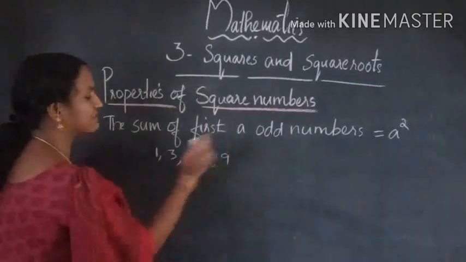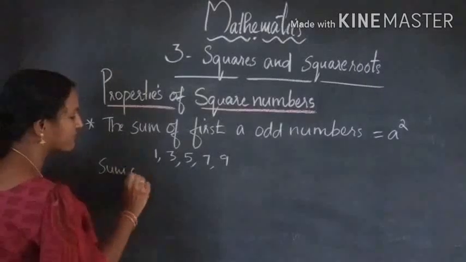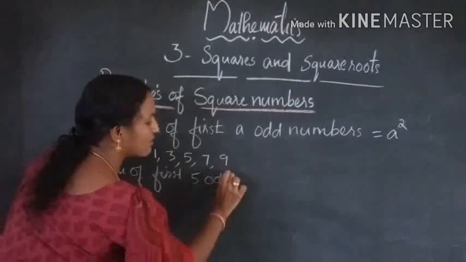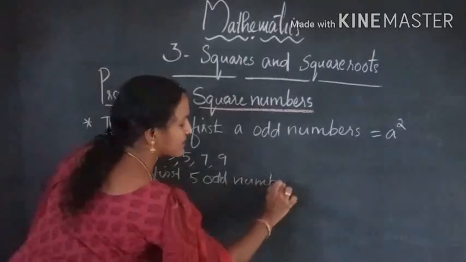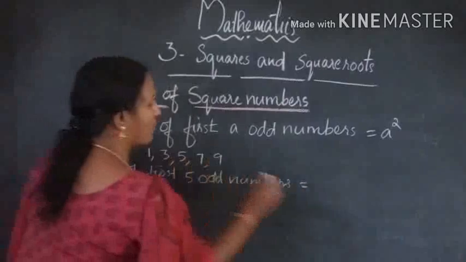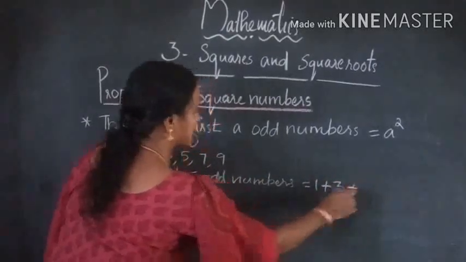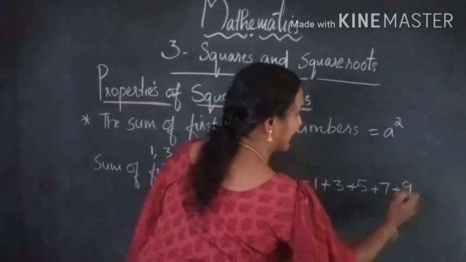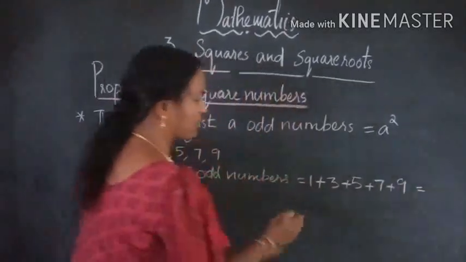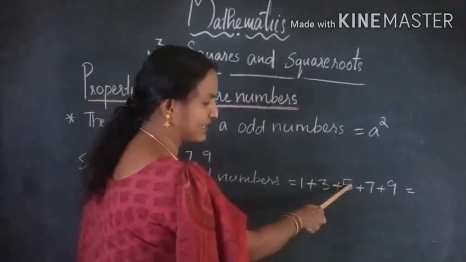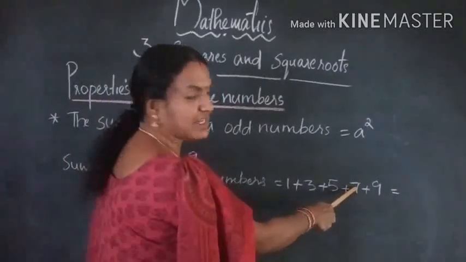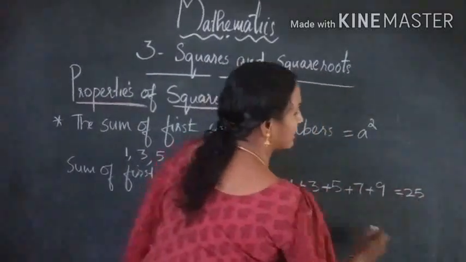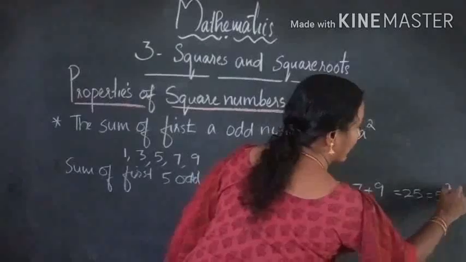The sum of first 5 odd numbers equals 1 plus 3 plus 5 plus 7 plus 9. 1 plus 3 is 4, 4 plus 5 is 9, 9 plus 7 is 16, 16 plus 9 is 25. 25 equals 5 square.